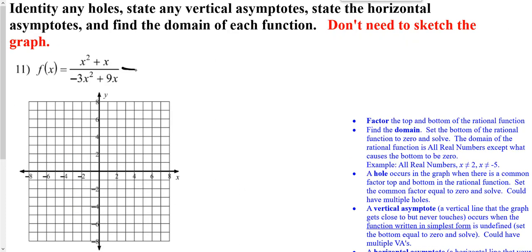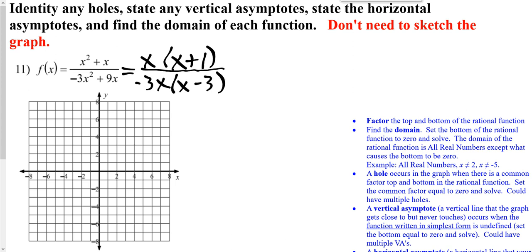So here, we're going to do the same type of thing, but you'll notice it says you don't need to graph. I'm going to go ahead and factor the top. I'm going to factor the bottom. So I'm going to look at my domain.